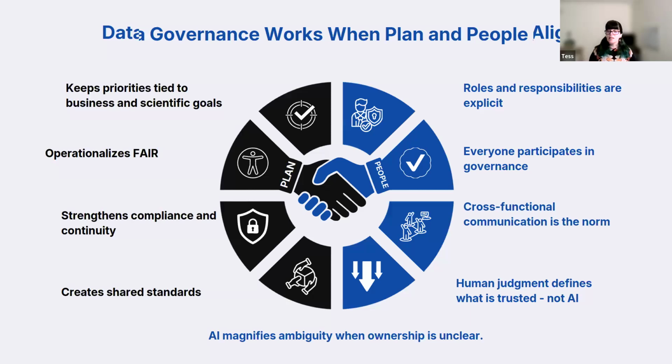And then AI is going to magnify ambiguity when ownership is unclear. So this is something that I think doesn't get talked about quite enough, the human in the loop process. And as we start implementing more and more AI systems, we need to ensure that we have that blended cognition starting to happen. So we're working together with our AI systems.